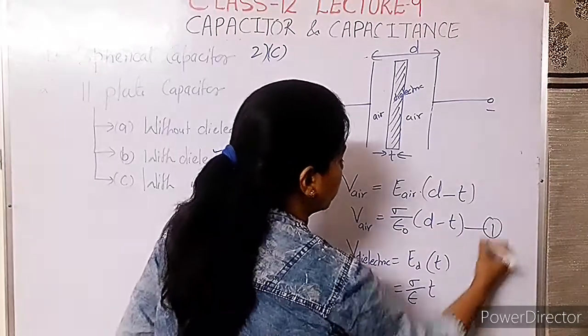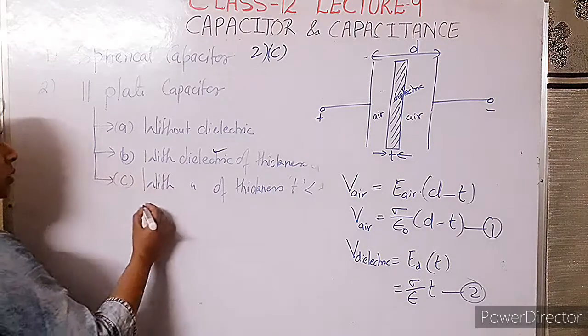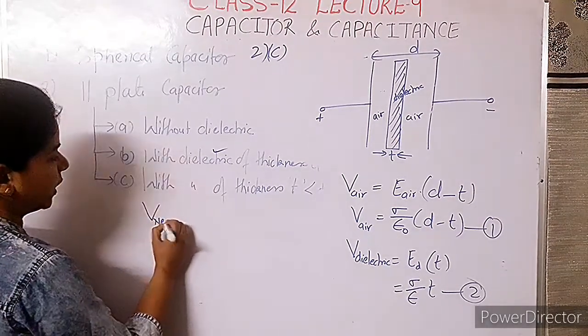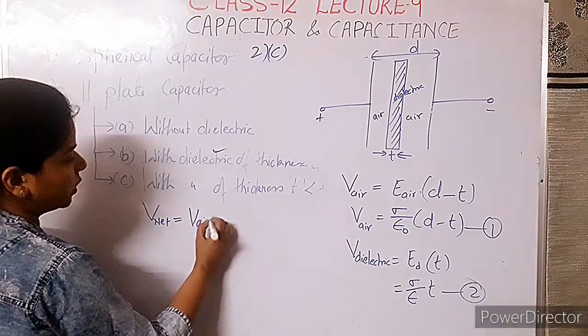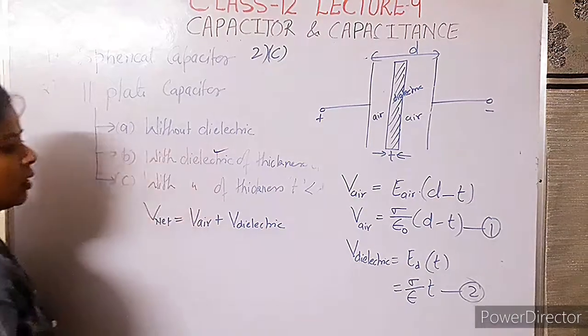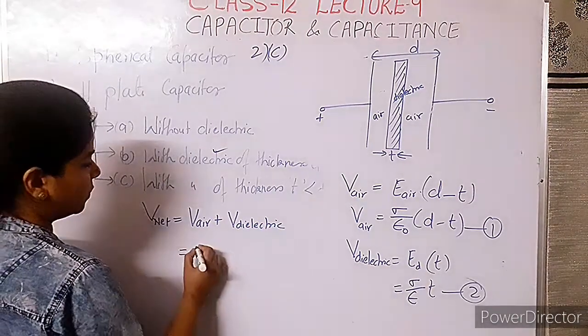So these are the two equations, and now we can calculate the total potential on the basis of the scalar result. So V net should be equal to V air plus V dielectric. Add equation number 1 and equation number 2 and take the common term sigma.